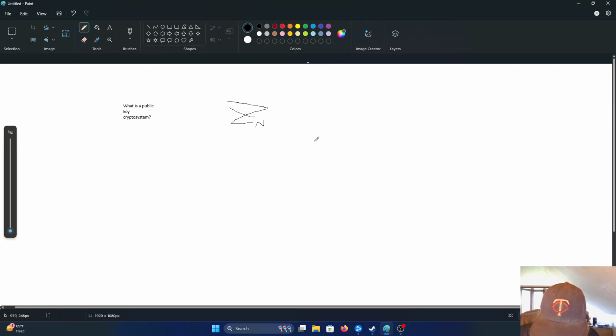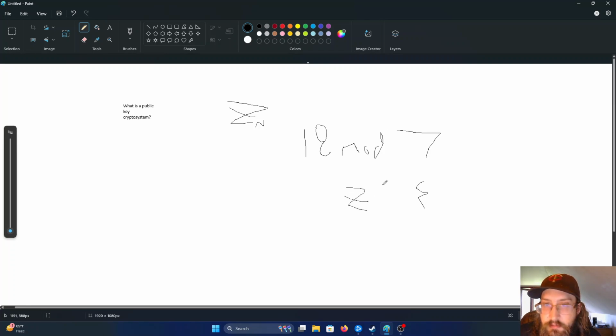For any set S, we let |S| denote the number of elements in the set S. Thus, the number of elements in Z/nZ is equal to n. So if you had 18 mod 7, there's going to be 7 elements in Z over nZ: 0, 1, 2, 3, 4, 5, and 6.